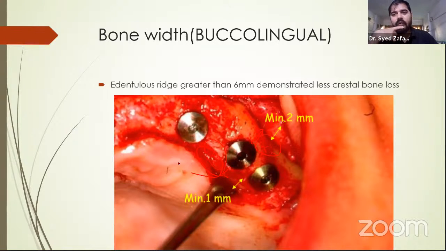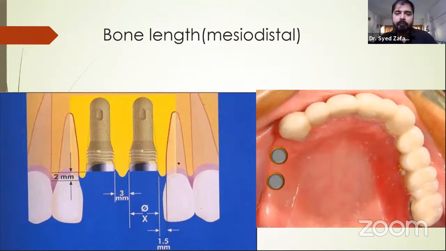But how will you assess the diameter? We have assessed the length. We have planned the length. We have subtracted the radiographic error. We have subtracted the safe margin. We have subtracted the anatomical variation. We have subtracted everything from it. Then we have come up with 11 mm, 10 mm, 6 mm. How will you assess the diameter?